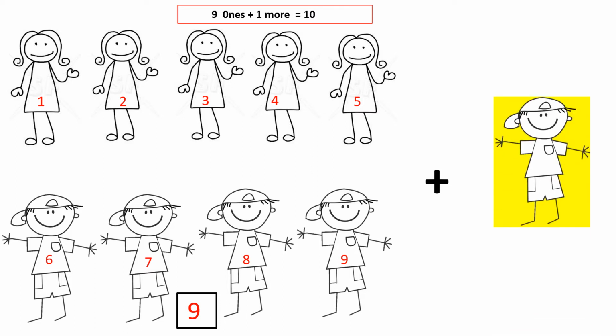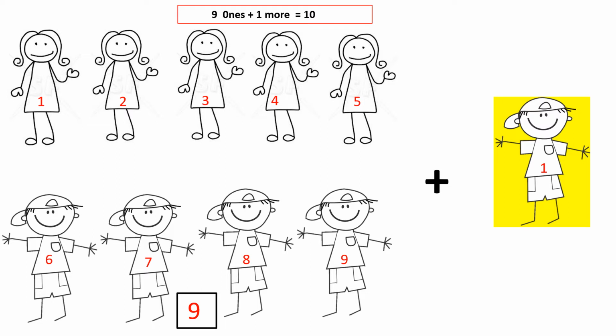So one more friend is coming and he also wants to join in. One more. Now, children, do you think this has become 10? No, there are still 9 boys and girls and one more boy.